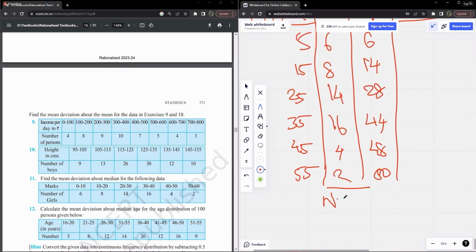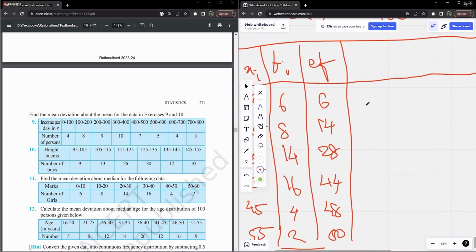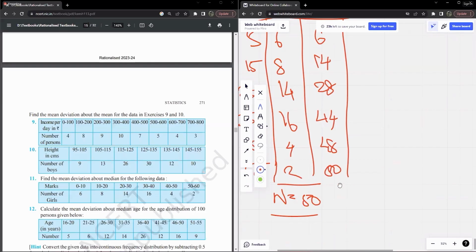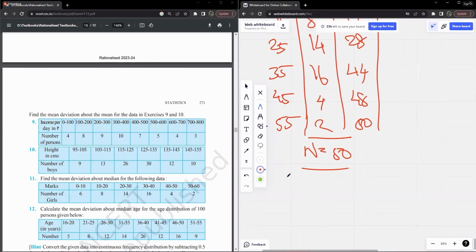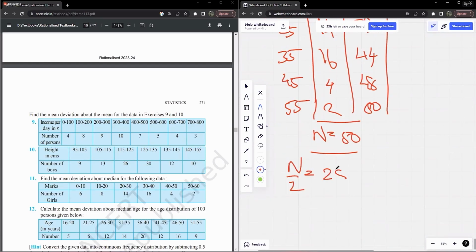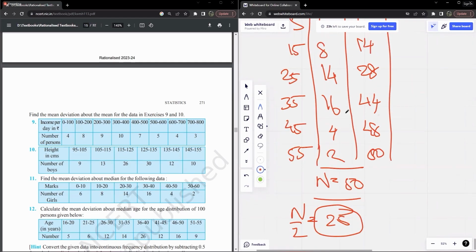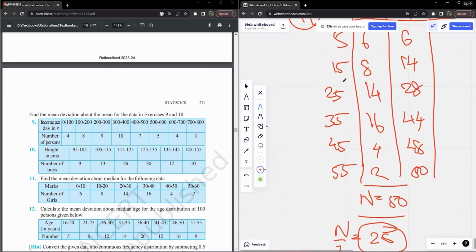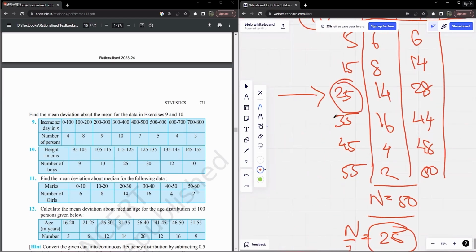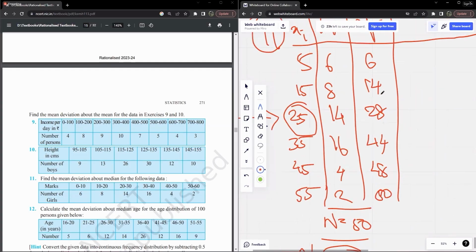Which means that capital N is 50. Now, we find the class containing the N by 2th item. N by 2 is 25, and 25 comes in this class interval, the class interval for which Xi is 25. That is basically 20 to 30. Because for 15 the cumulative frequency is 14, but for 25 the cumulative frequency is 28.